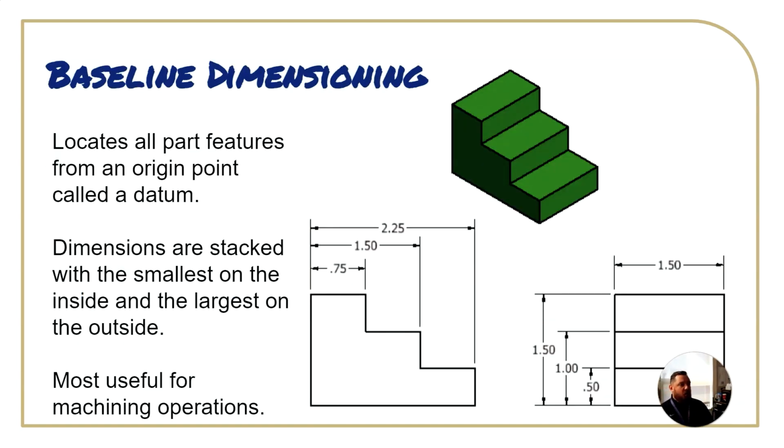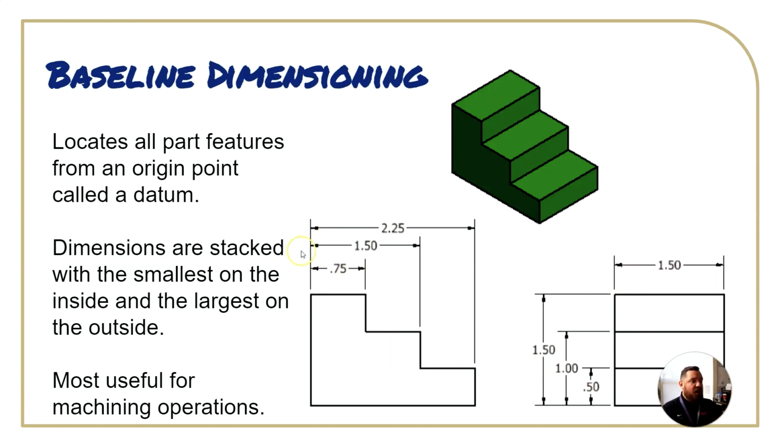All right. We also have baseline dimensions. So baseline dimensions are a series of dimensions where instead of butting up next to each other, as was the case on our last slide, these ones go vertically up or horizontally to the side.